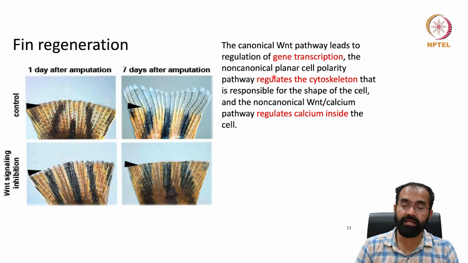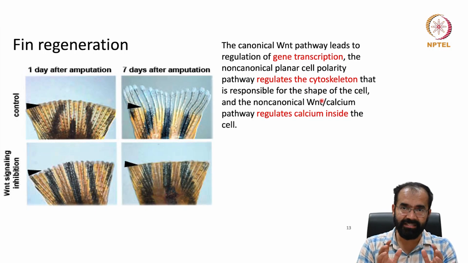The non-canonical planar cell polarity pathway regulates the cytoskeleton. So the canonical Wnt signaling pathway turns on the gene expression events, whereas the non-canonical planar cell polarity pathway of Wnt signaling regulates the cytoskeleton, that is responsible for the shape of the cell. The newly formed cells must have a particular shape. The mesenchyme should have a spindle shape so that they can migrate.